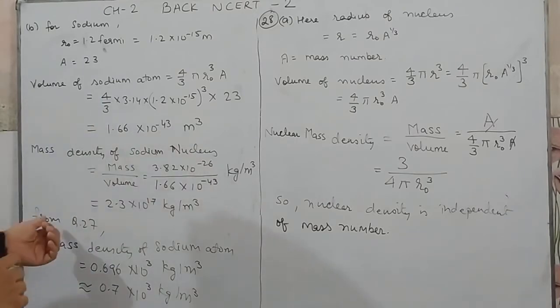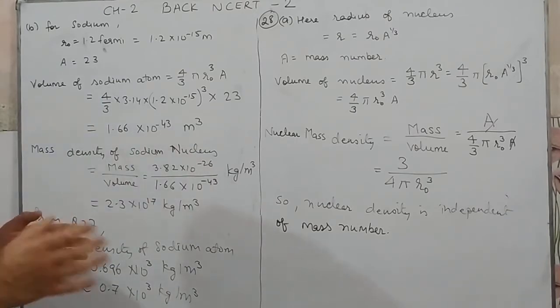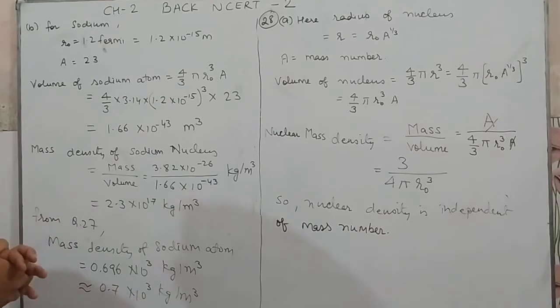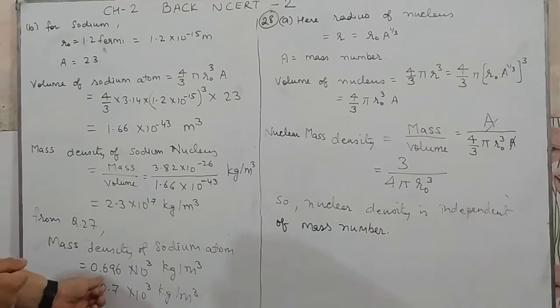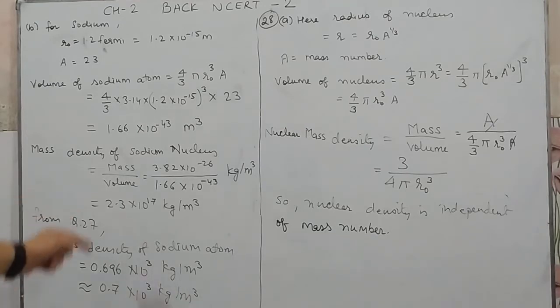Now from question 27, we need to take some values as mentioned in the question. In question 27, we solved that the mean density of the sodium atom is 0.696 × 10^3 kg per meter cube, or approximately 0.7 × 10^3 kg per meter cube. You can see here the density in the two cases.